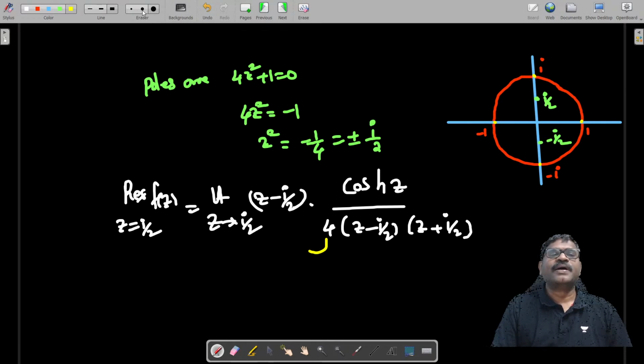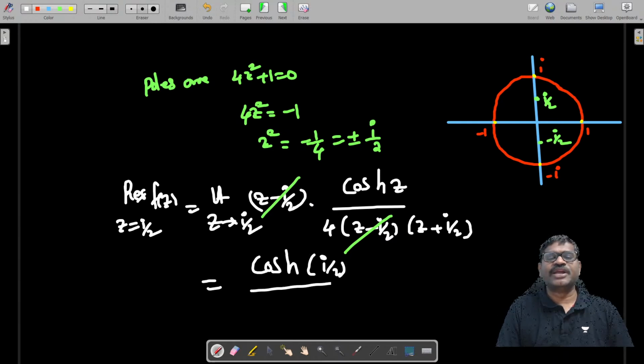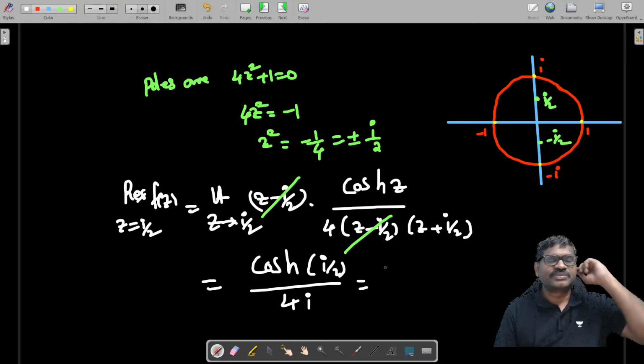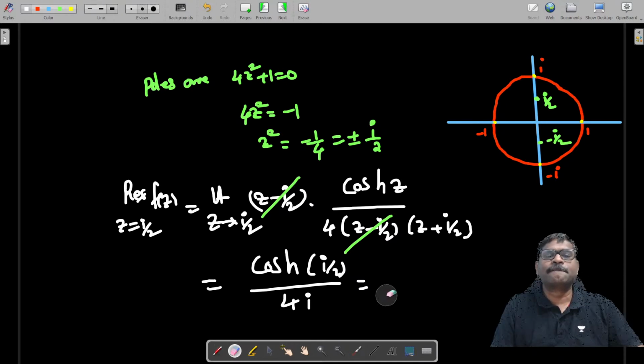Please observe, it is 4z square, that's why you have to write 4. Z minus I by 2 cancels. Now cos h I by 2 by 4 times I by 2 plus I by 2, which is 4i. So cos h I by 2 by 4i. Keep it like that.